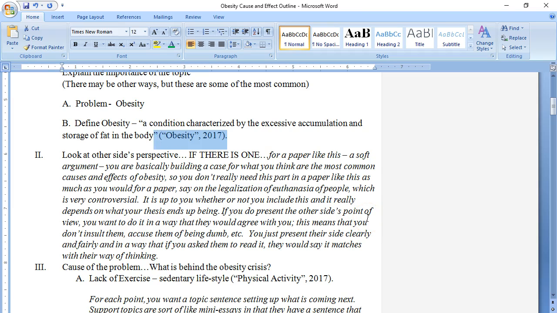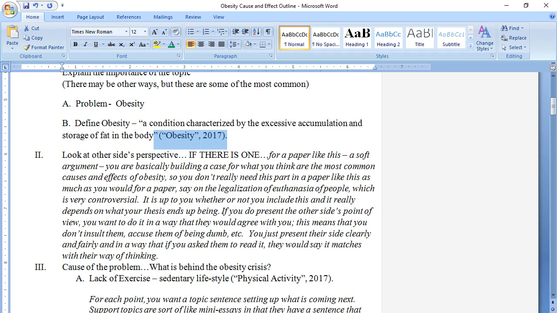This brings me to the idea of cross-referencing. The words that you use to cite sources in the body of the paper should cross-reference with the words that you alphabetize sources by on a references page. So you alphabetize by obesity, and you create an in-text citation.